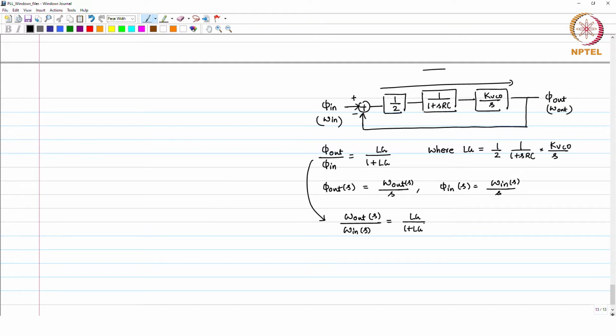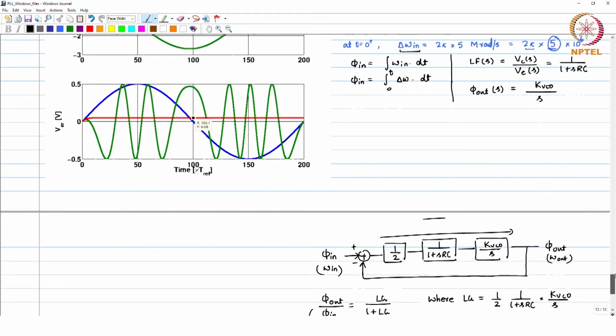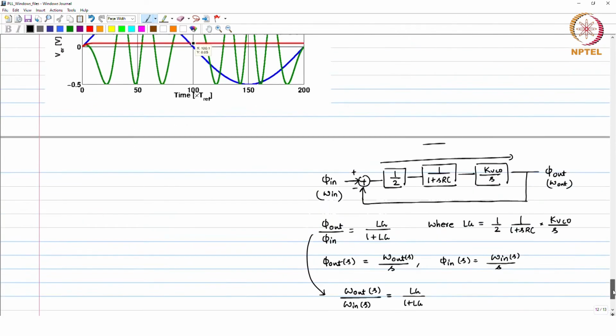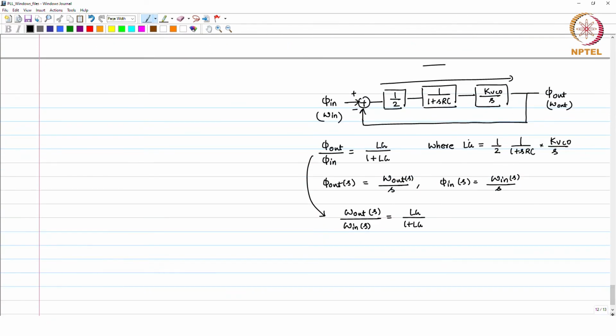Now, if we apply a unit step in frequency, a delta omega at t equal to 0, you just gave the input frequency step. This input frequency step can be analyzed using this loop.